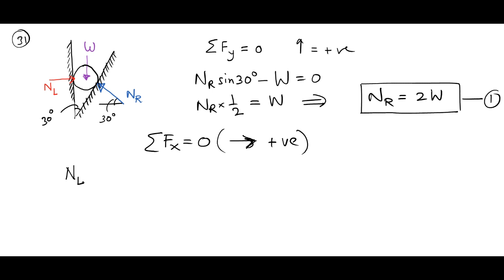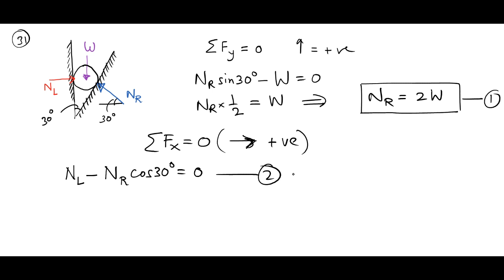Now W doesn't have an x component at all because it is vertical, so I leave that out. And NR, it has an x component but it is leftward, so I put a minus sign. Minus NR into cos of 30 degrees is equal to 0. That's my second equation.